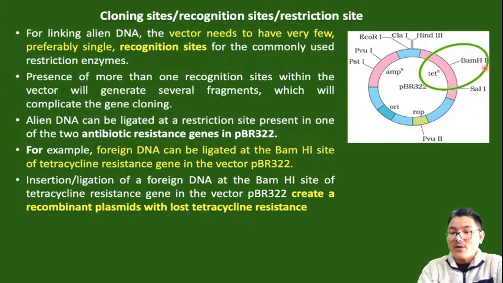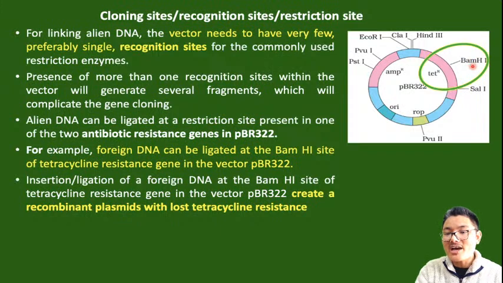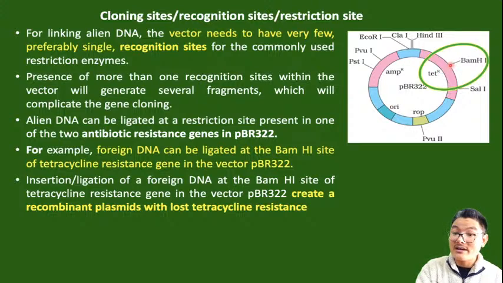The other important point to remember is that BamHI is also a restriction endonuclease enzyme, which can cut pBR322 in the region of the tetracycline resistance gene. If we use BamHI as the restriction enzyme, it cuts in the region of the tetracycline resistance gene, and due to this cutting we can insert an alien gene in the recognition site of BamHI.